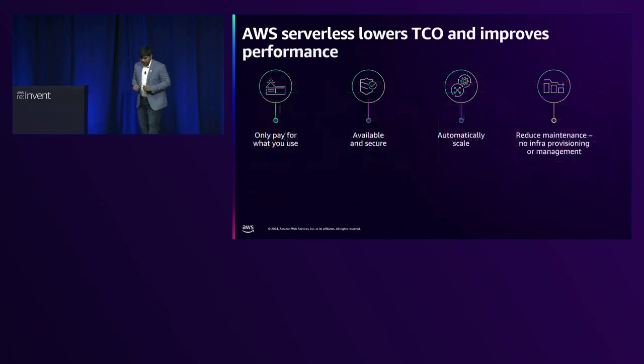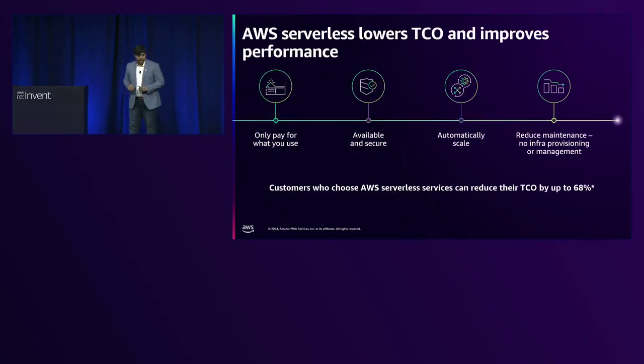Okay, one of the challenges we talked about that is unique to SMBs is the total cost of ownership. According to a Deloitte report, customers who chose AWS serverless services can reduce their total cost of ownership by up to 68%. The reason is that you only pay for the resources you use. Again, it is available and secure. You automatically scale, especially with SMB customers.